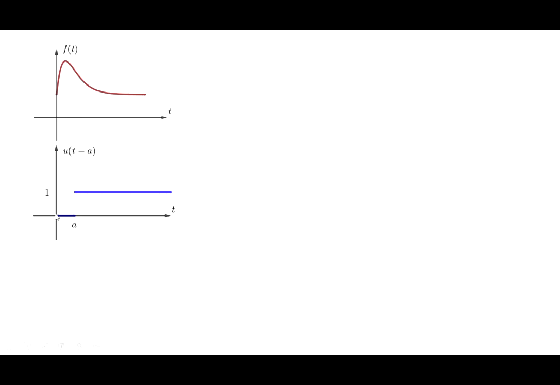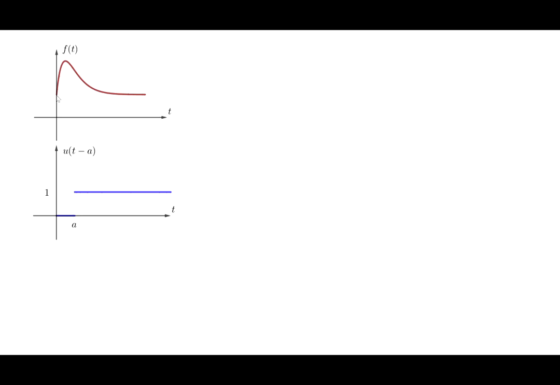You go to every single t value and look at what u of t minus a is for that t value, and also look at what f of t is for that same t value, right? At 0, this is 0, this is some non-zero value, doesn't matter. 0 times whatever this y value is, right?